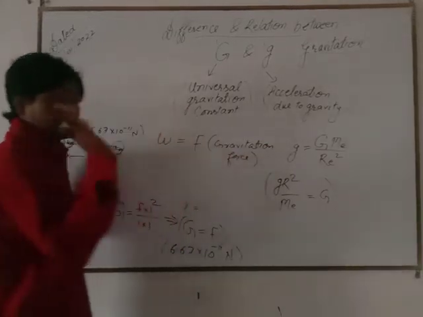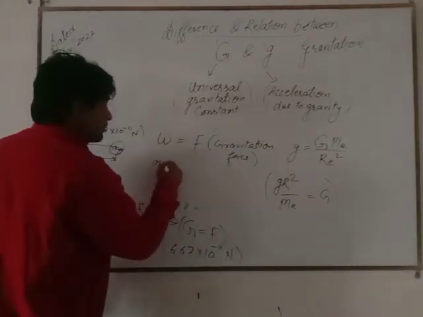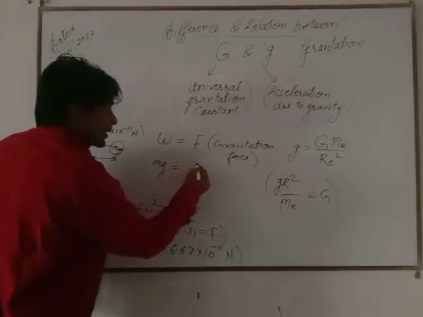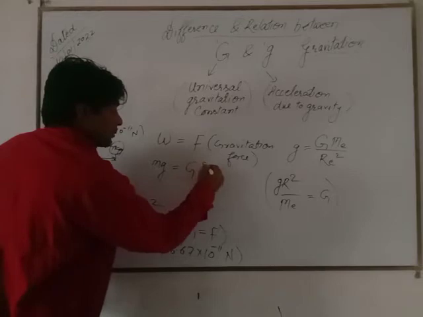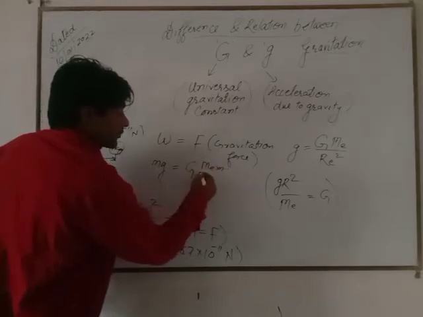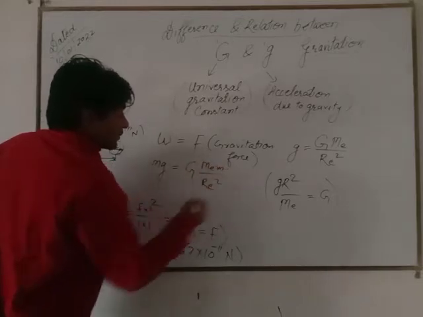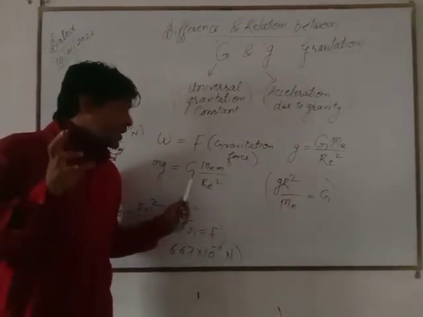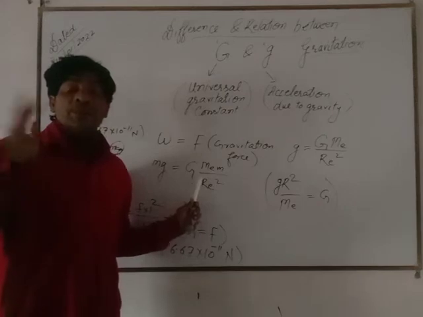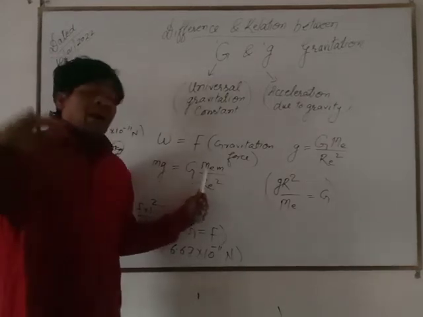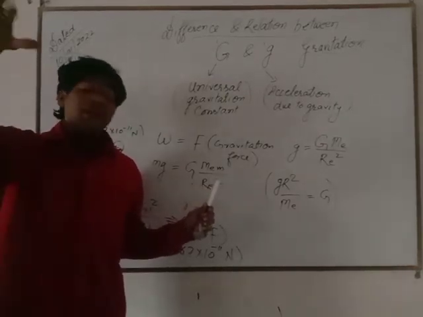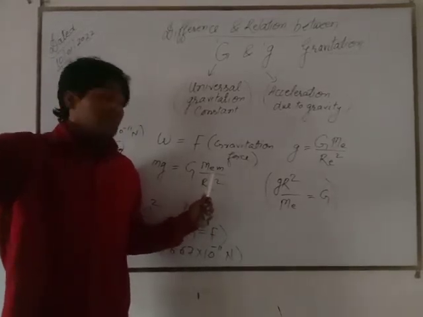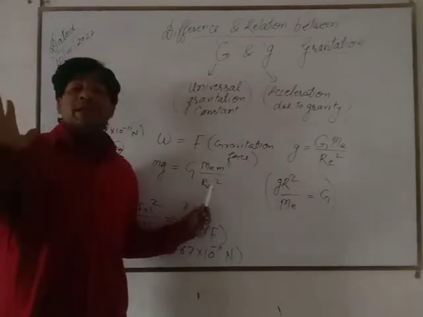It means mg is equal to capital G mass of the earth upon r square. This is the case of the earth. If the mass of Mars is taken, then the radius of Mars will be taken; if the mass of Jupiter is taken, then the radius of Jupiter will be taken.